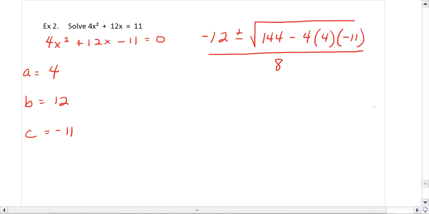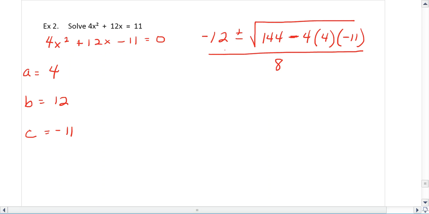4 times 4 times 11 is 176, but I just want you to be careful with your negative sign. The most common mistake I see is that students use this negative sign twice. They'll use it in their multiplying. For instance, negative 4 times positive 4 times negative 11 would be a positive 176, but then they subtract it, and that would be using the negative sign twice, so be careful.